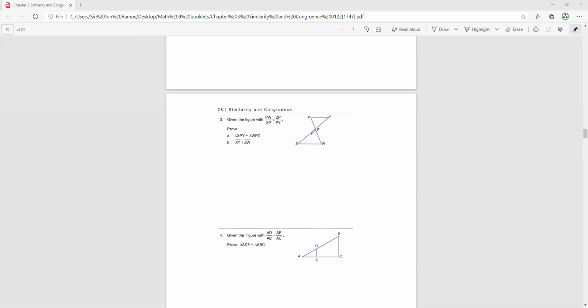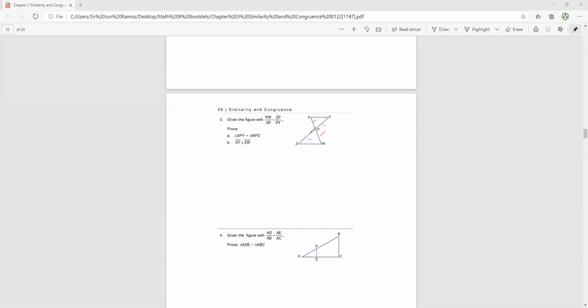In this triangle, PW is proportional to XP, and then equals ZP is to PY, coming from this big triangle. They are not congruent, they are proportional, so I'm not writing the tick mark there.